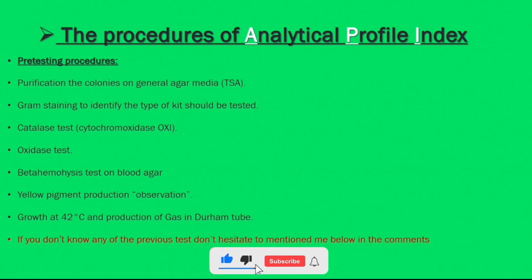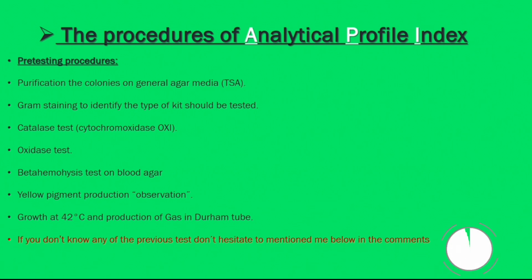Catalase test, oxidase test, beta hemolysis test on blood agar. Yellow pigment production, this is an observation test. Growth at 42 degrees, and the production of gas in Durham tube. If you don't know any of the previous tests, don't hesitate to mention me below in the comment, and I will explain these tests in detail.